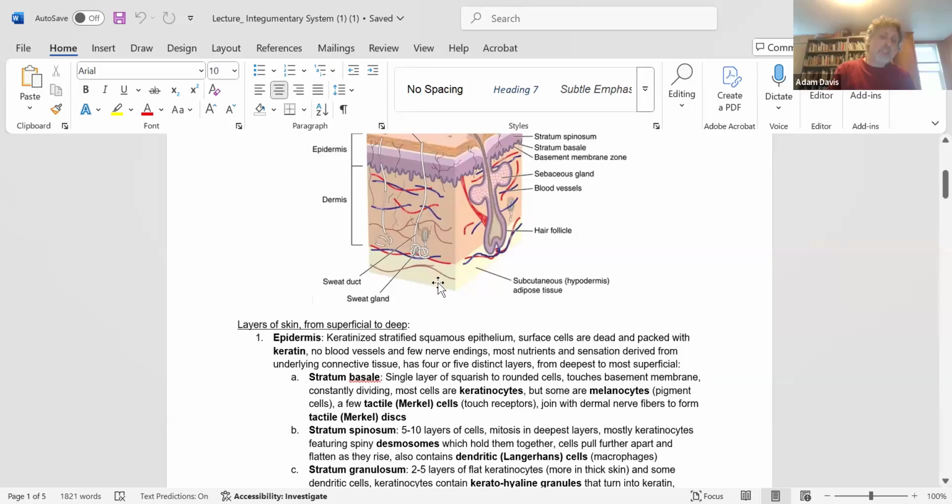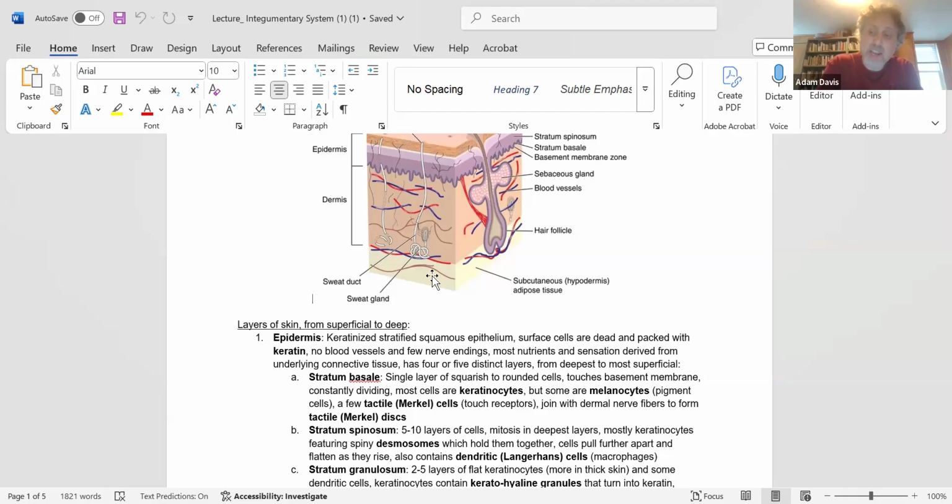Now, the bottommost layer of the integument, beneath the dermis, is the hypodermis, sometimes called the subcutaneous tissue or subcutaneous fat. And we call it that because it's mostly adipose tissue. That is fatty tissue.